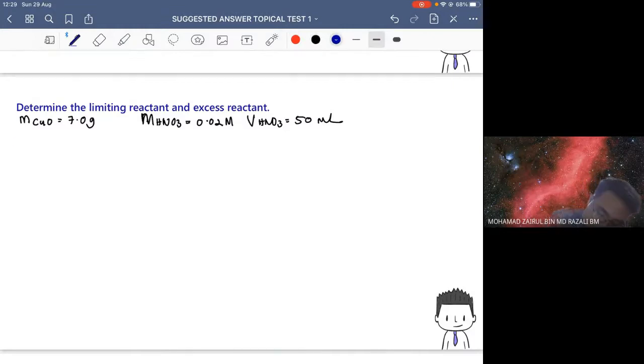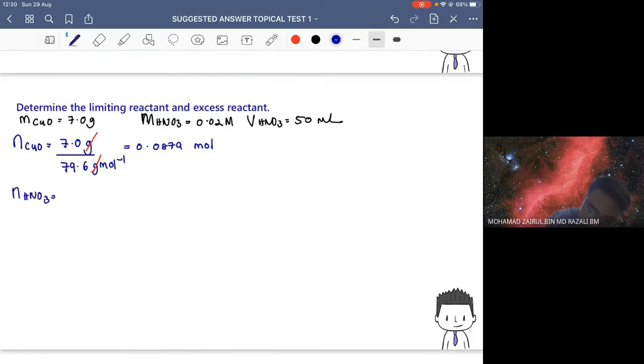So for mole of CuO is equal to 7 gram. Okay, the molar mass of copper oxide kalau awak kira adalah 79.6 gram per mole. So boleh cancel out gram. So awak akan dapat 0.0879 mole of copper oxide. So for the mole of nitric acid, kita akan ambil molarity, we multiply by the volume.